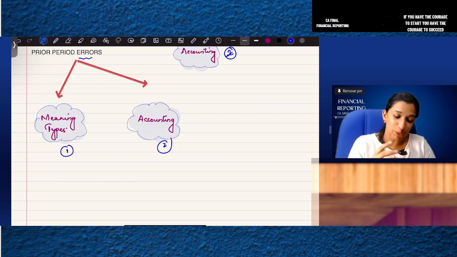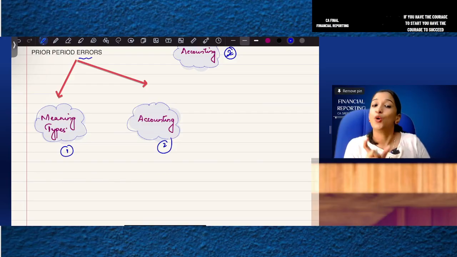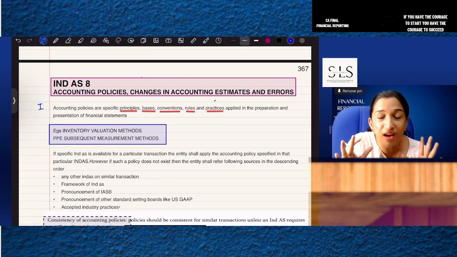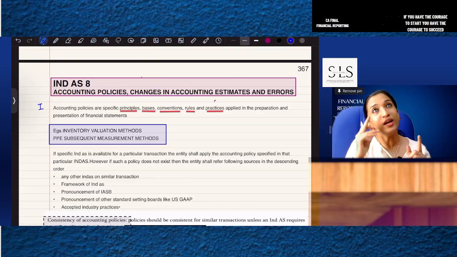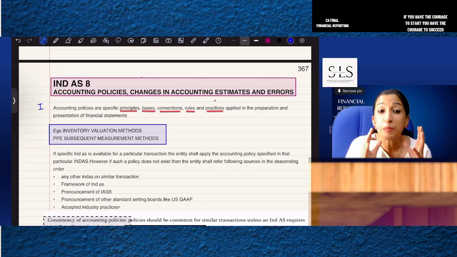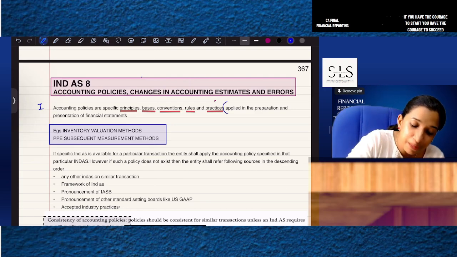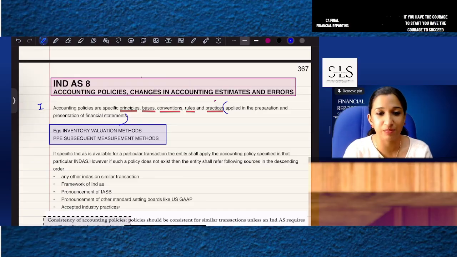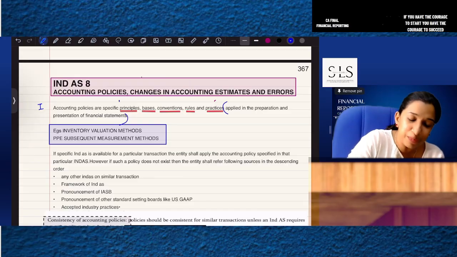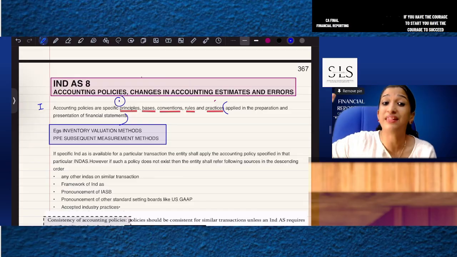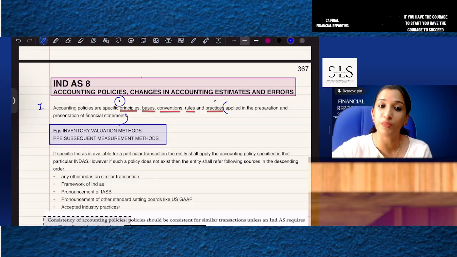Okay, so let's start with accounting policies. What are accounting policies? What have we studied in our intermediate level? Accounting policies are specific accounting principles applied in the preparation and presentation of financial statements, and there you have studied methods used for applying those principles.